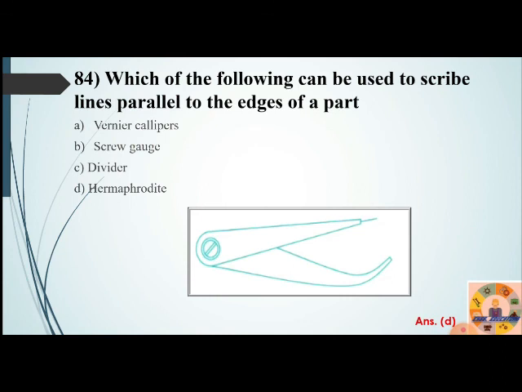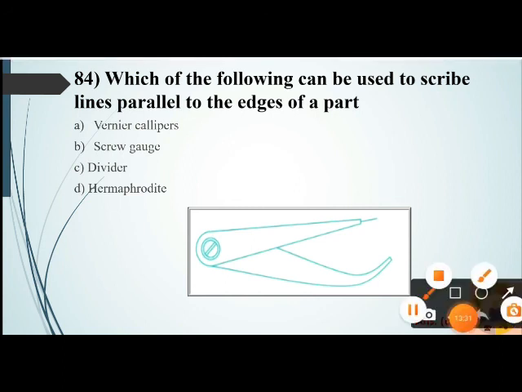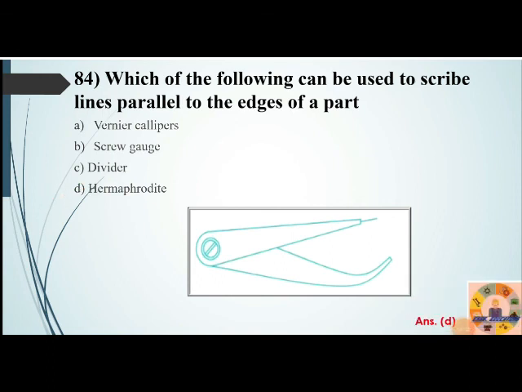Next question is, which of the following can be used to scribe lines parallel to the edges of a part? And the right answer for this question will be option D, hermaphrodite.